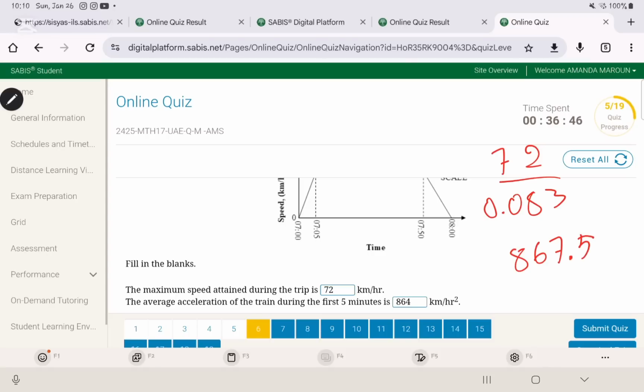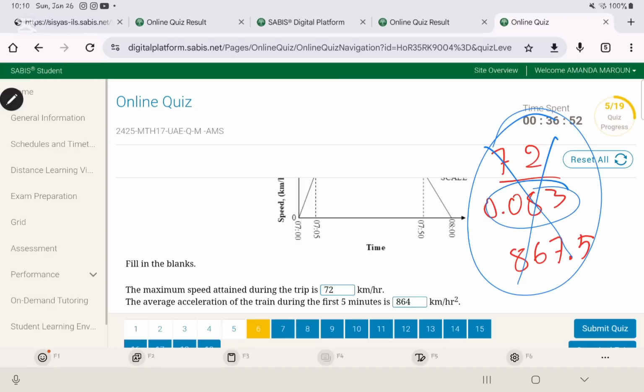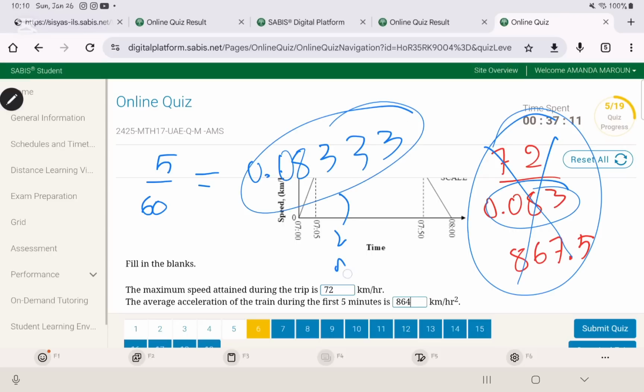Now, usually, this is going to be considered incorrect. Why? Because you need to take it as the time itself, what it actually is. So what you are going to do is take 5 over 60 on the calculator. You're going to change from 5 minutes into hours. So 5 divided by 60, you're going to get 0.083333. Now you are going to keep this and you can put it as answer. All right.